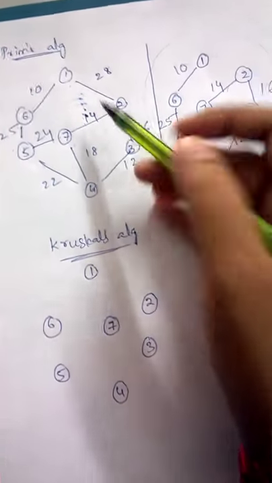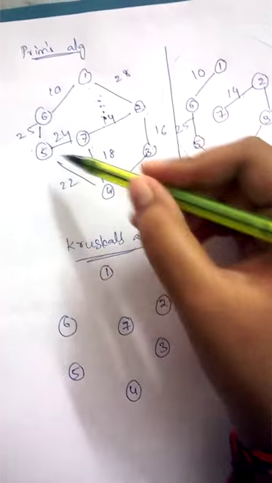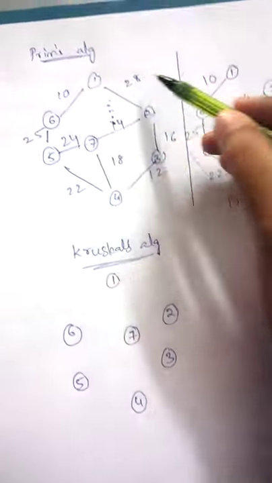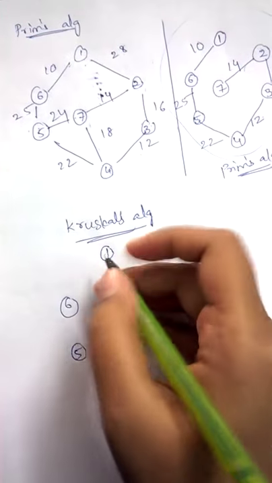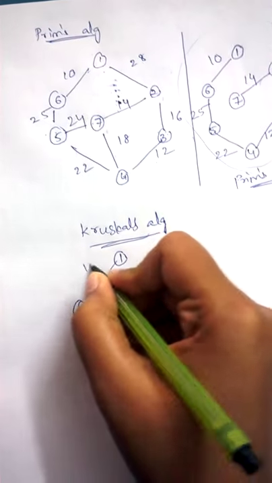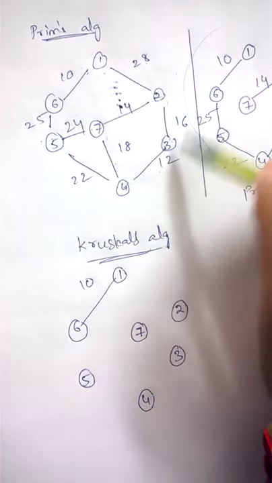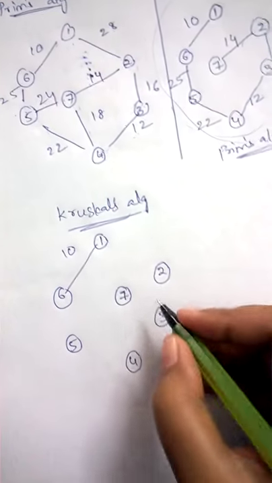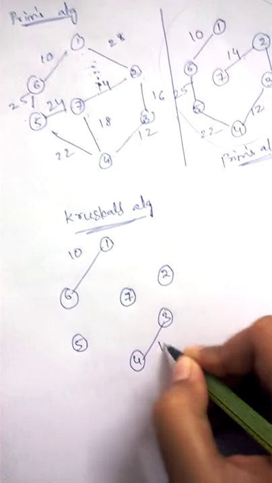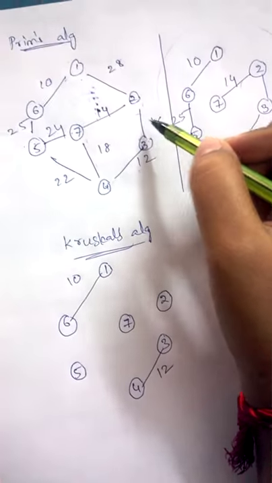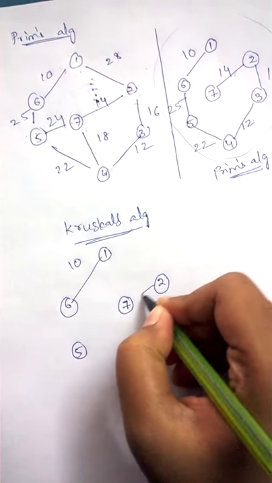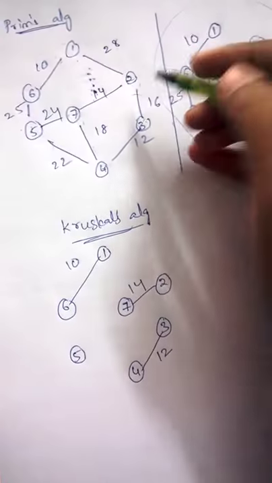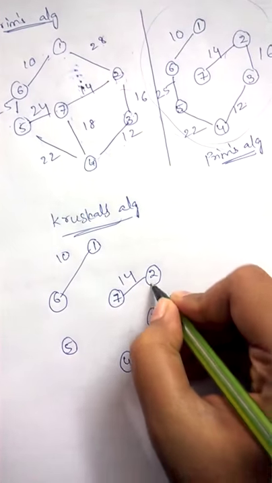Now out of this I have to consider the least length. The least length is 10, so I am joining 1 to 6. The next least is 4 to 3, which is 12. Next least is 14. Next least is 16.